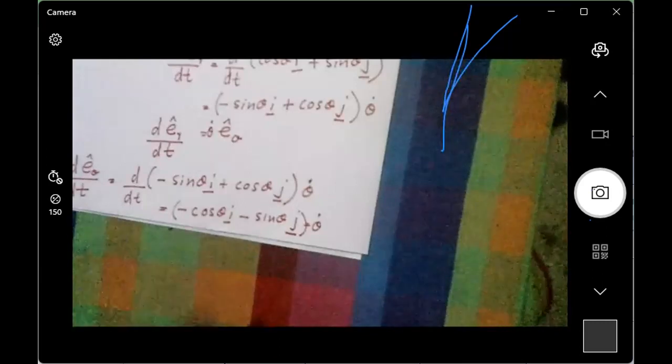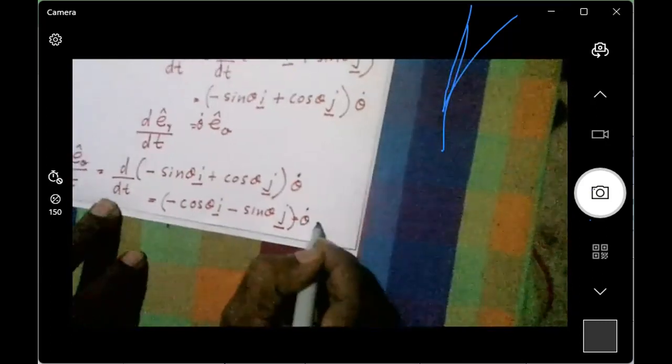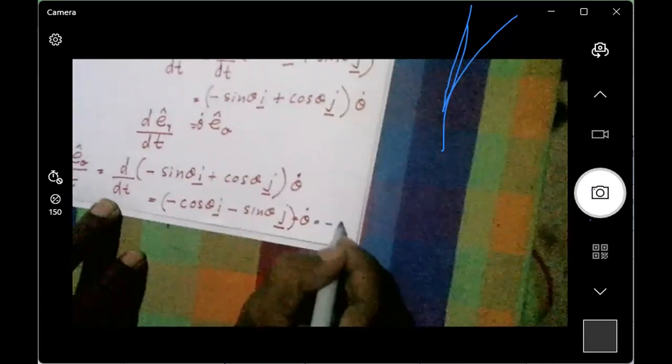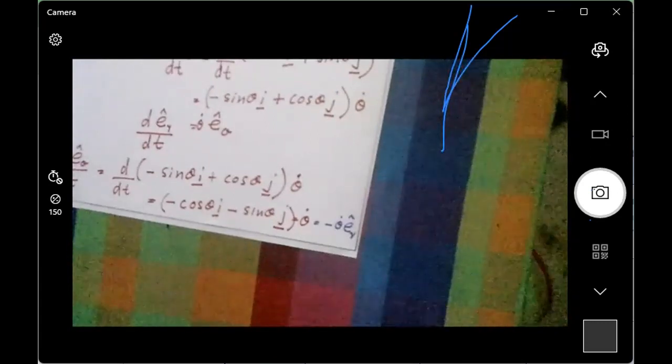So this one is minus of e r. So this is really minus theta dot e r hat.